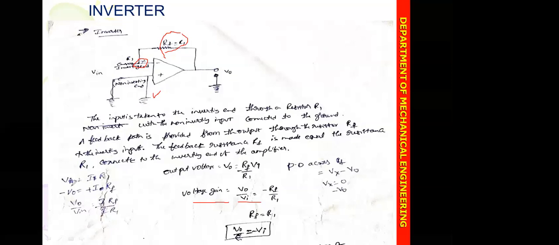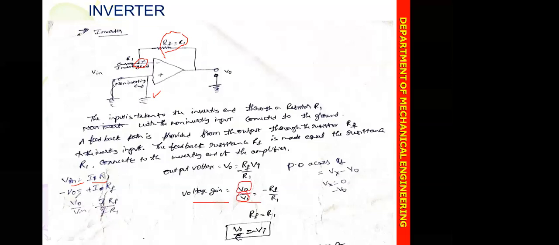So VIN is equal to I R1. The current passing through this resistor is I, R1 is the resistance, and VIN is the input voltage. We have to find the input voltage and the output voltage both, then only we can get the voltage gain.